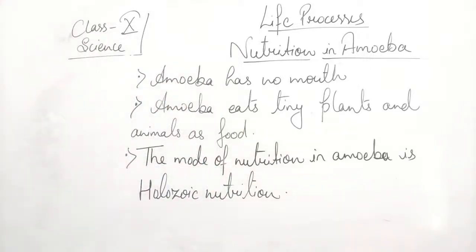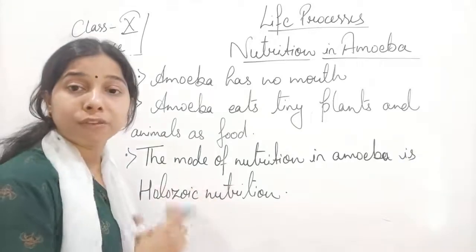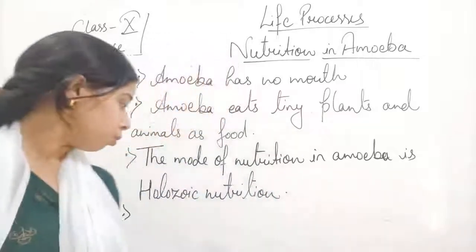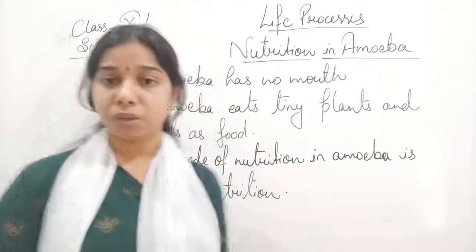Now here one more thing is there, students, that is the process of obtaining food by the amoeba. The process by which the amoeba obtains food is called phagocytosis.